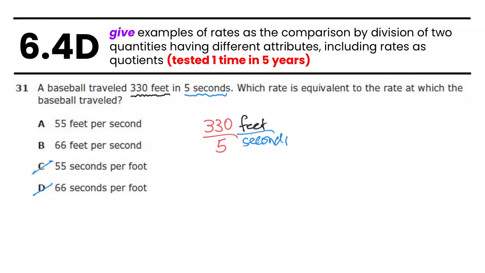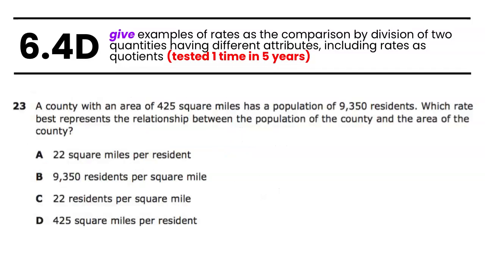Then in order to get the correct answer, we would actually have to do the division here of 5 into 330. 5 goes into 33 6 times with a remainder of 3, and 5 goes into 30 6 times so that we get 66 feet per second in order to get our answer. Again, it is so important that students are writing down the unit that is associated with the number that they are actually computing.